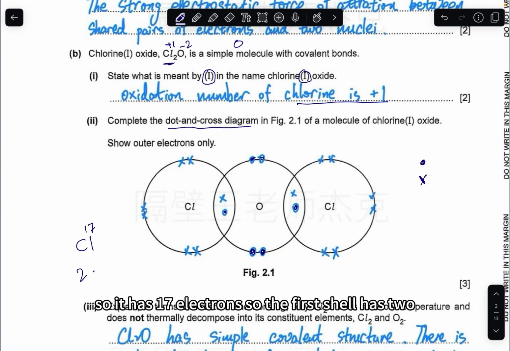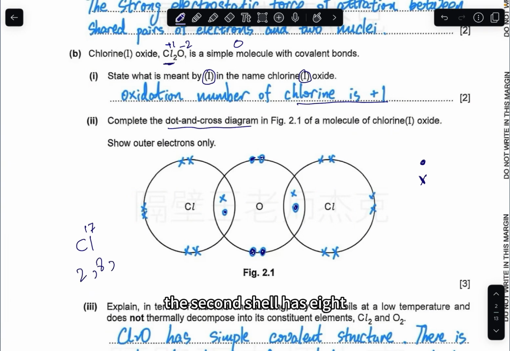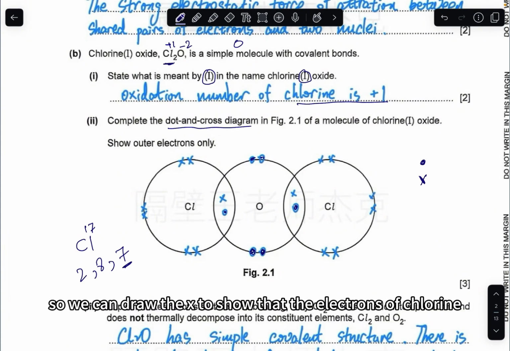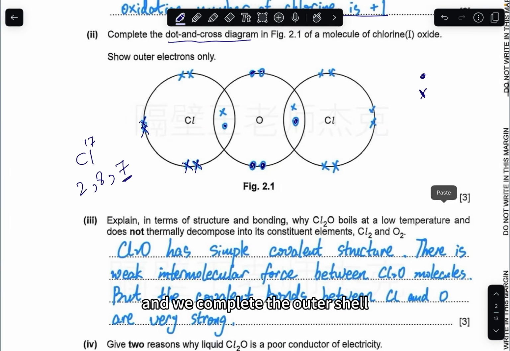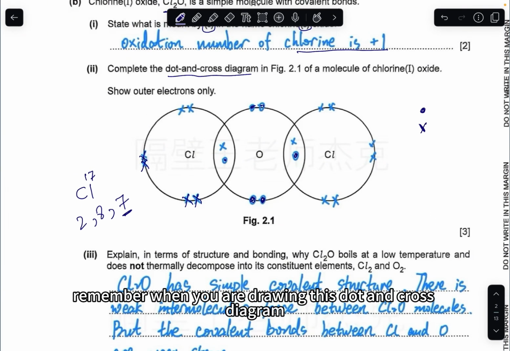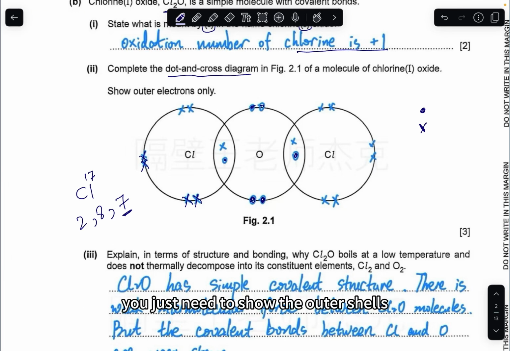The first shell has 2, the second shell has 8, and the third shell has 7 electrons, so it requires 1 more electron. And oxygen requires 2 electrons, so we can draw the X to show the electrons of chlorine, and dots to show the electrons of oxygen, and we complete the outer shell. Remember, when you are drawing this dot and cross diagram, you just need to show the outer shell of electrons only.